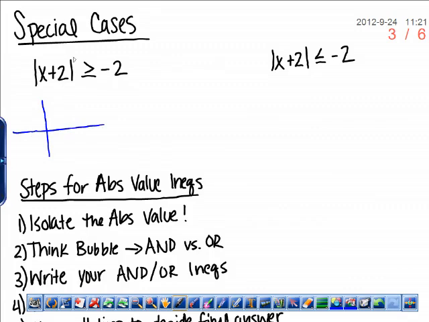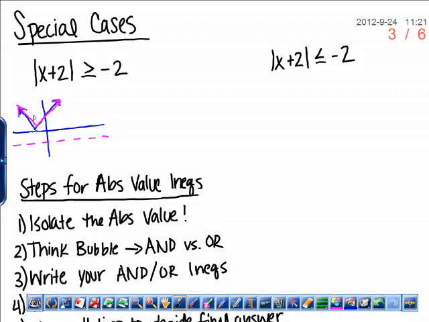Would you agree that this is the parent function transformed left 2? Which doesn't really matter too much in this case, but we'll still be accurate where we can. And the line y equals negative 2, would you agree is down here somewhere? Okay. So what part of my absolute value graph has y values that are greater than negative 2? All of it, the whole thing.